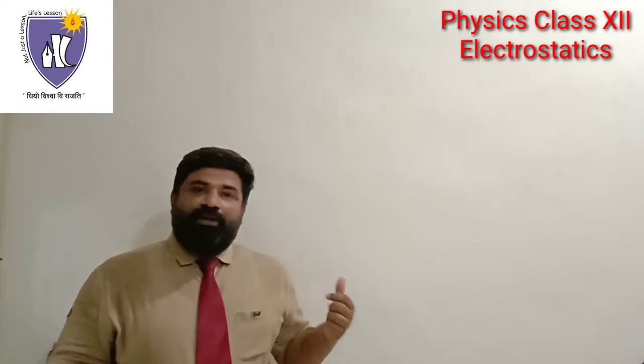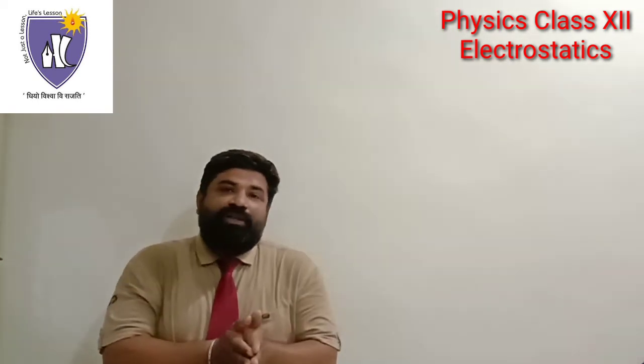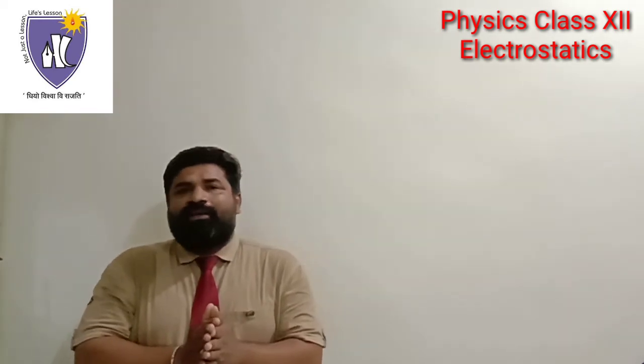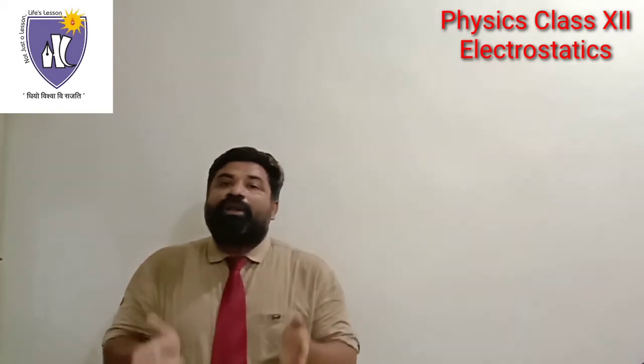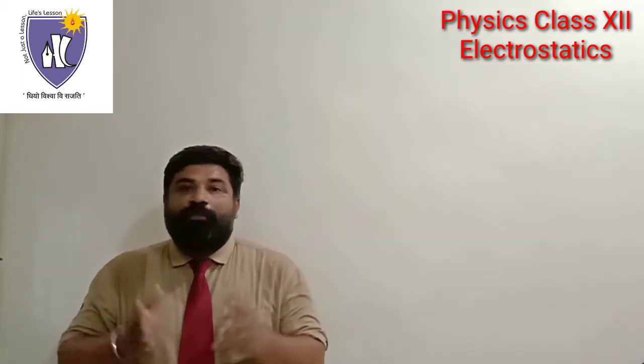So permittivity basically means how much that particular medium gives permission to exert force on each other, whether the force is attraction or repulsion. You can just break the word: permittivity, permit, permission. That means how much permission that particular medium gives to those charges to apply force on each other.